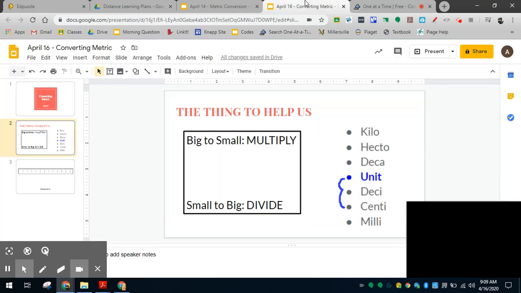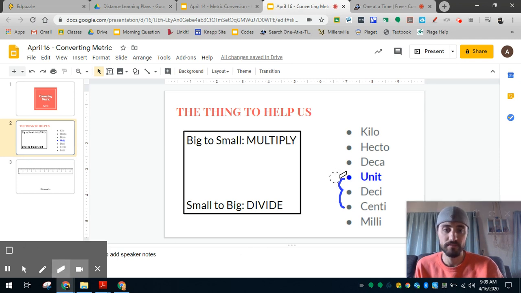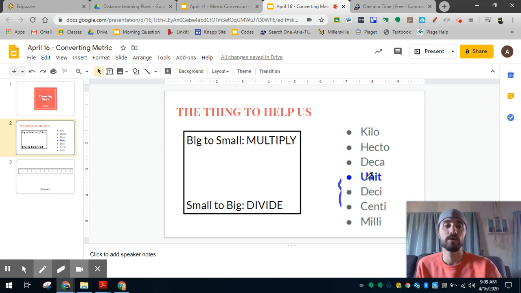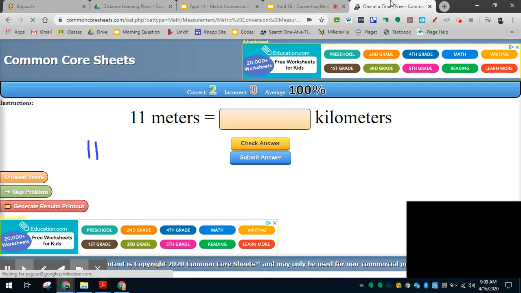So let's check our thing here. Meters is our unit, and I'm going up to kilometers. So I'm going from a smaller thing to a bigger thing. And our system tells us a smaller thing to a bigger thing, we are going to divide. So let me throw that sign in there.